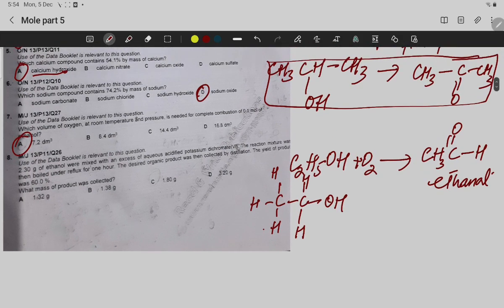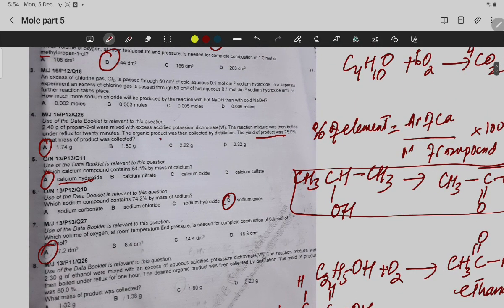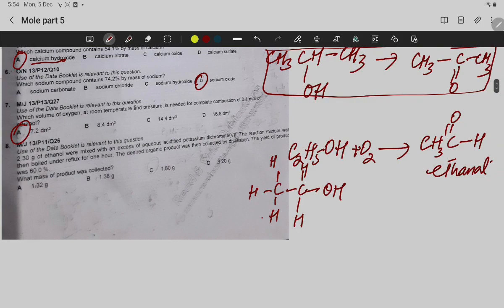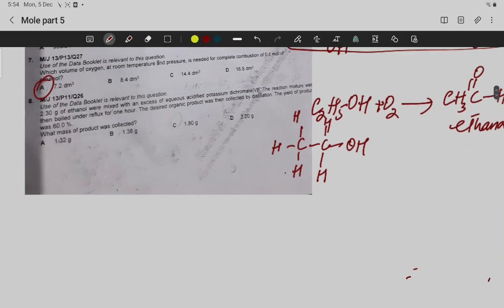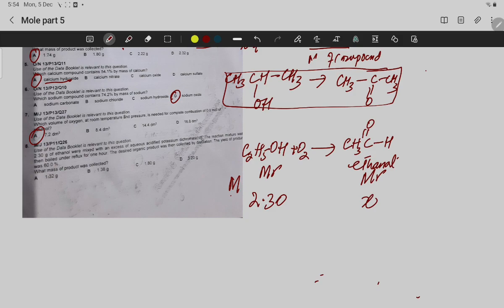So you can solve the question I have solved. So this is the same. Please try this question. So this is the product, ethanal. By using the mass relationship, calculate the Mr of this compound, which will be equal to the molar mass, and then with 2.30 the ratio X. So this will be the theoretical yield, and then afterwards you can check this.